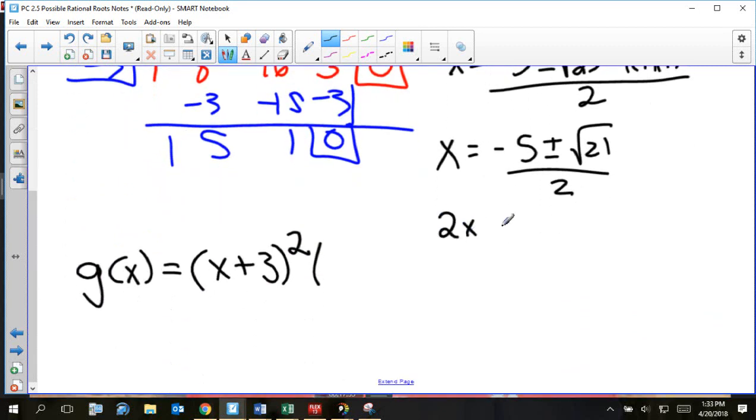I wrote this as 2x equals -5 plus or minus square root of 21. If I have each of these starting as 2x, when I multiply it all together, I'd have 4x to the 4th in the beginning. If I have a 2x here, that's not going to work. So I'm going to leave it as a fraction. So never mind about that. It doesn't matter, it's a fraction.